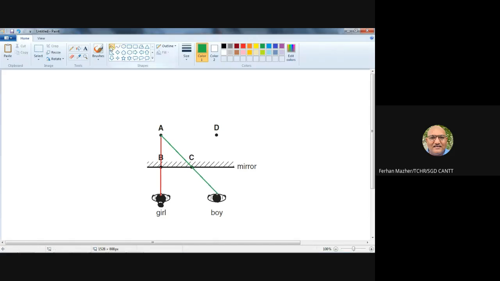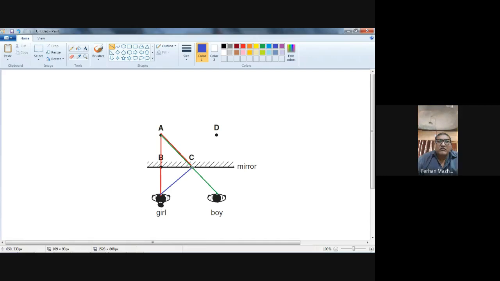Okay. So behind, this is a virtual thing. So I joined that point with the eyes of the boy. And then I will start a ray from the eyes of the girl, this blue line.